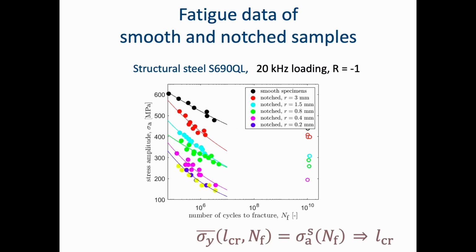For each pair of notched and smooth curves, the smooth one is the black one, and the color curves and points are experimental data measured on notch radii of 3 millimeters, 1.5, 0.8, 0.4, 0.2, and the yellow one is 0.1 millimeter.